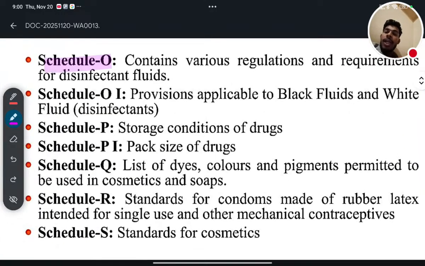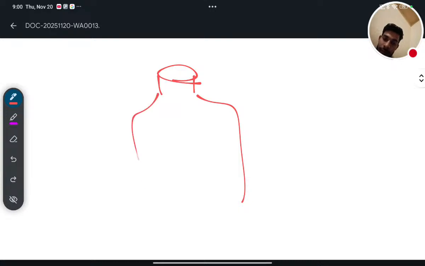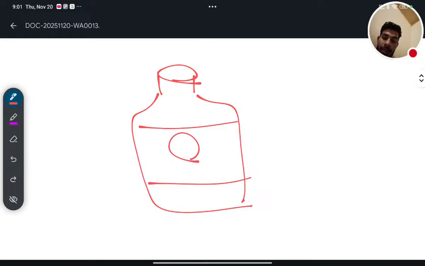Next, Schedule O. Whenever you see a bottle of Dettol, you will see a symbol on it.